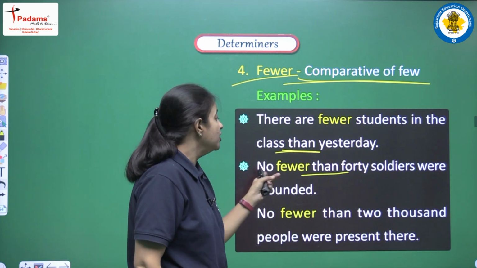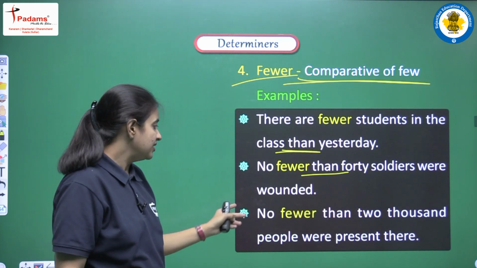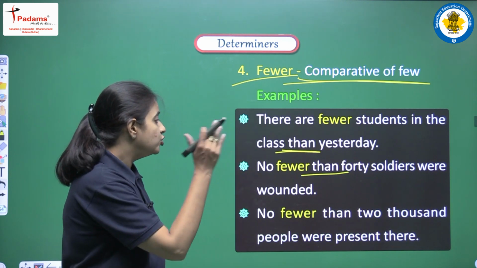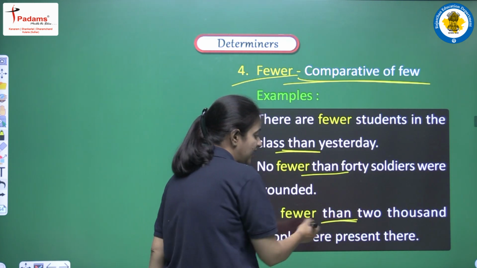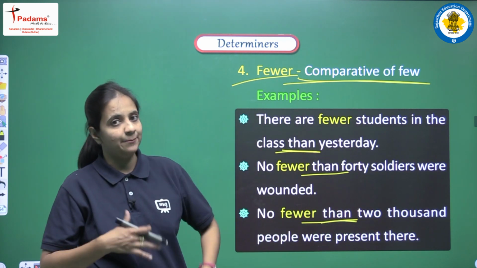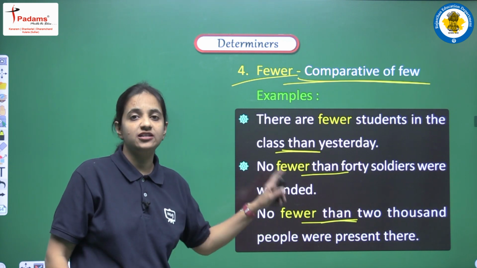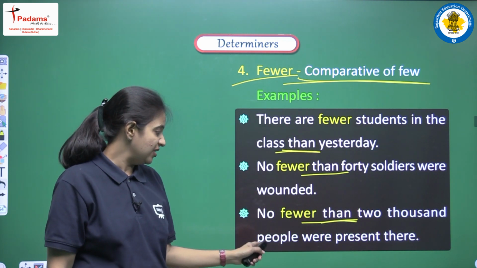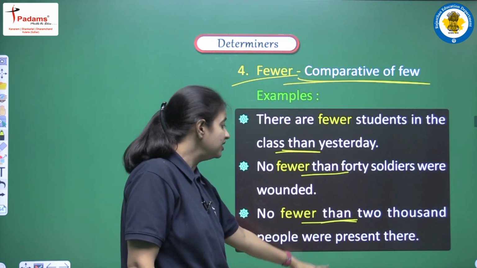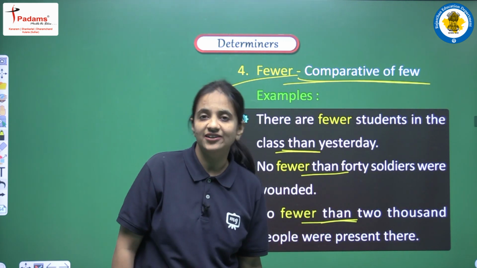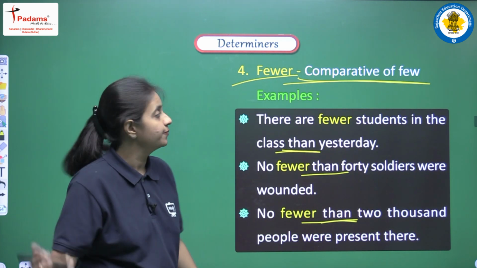Next is, no fewer than 2000 people were present there. Again this than shows comparison, and this is the reason we are using the comparative form of few, that is fewer, right? So yes, fewer is a comparative form of few.